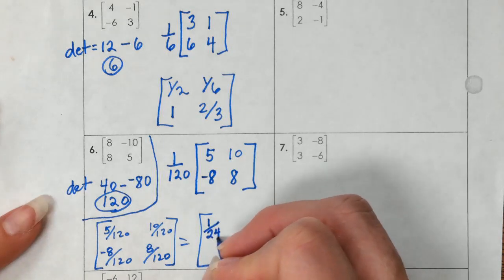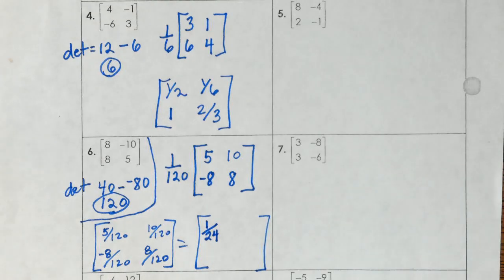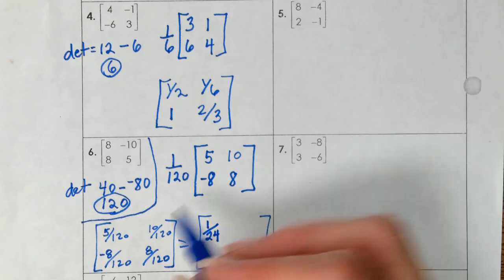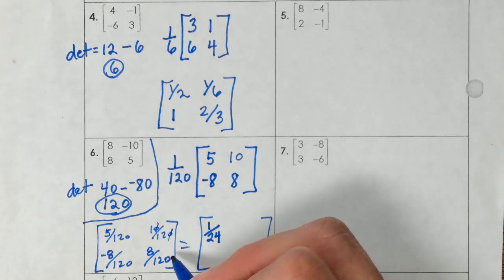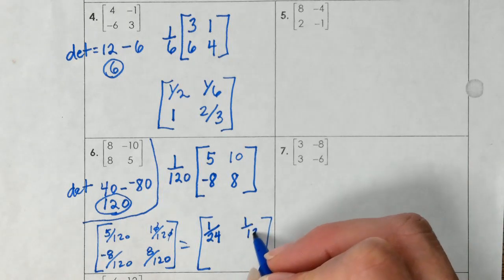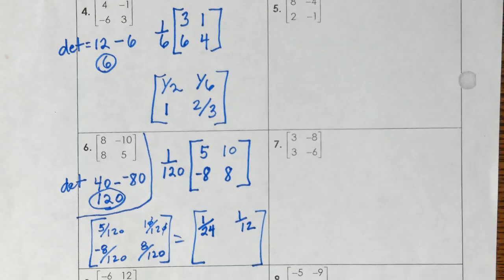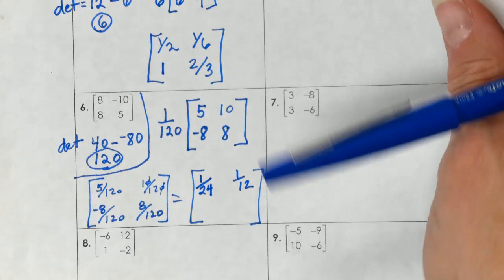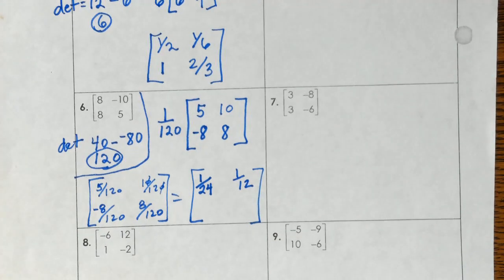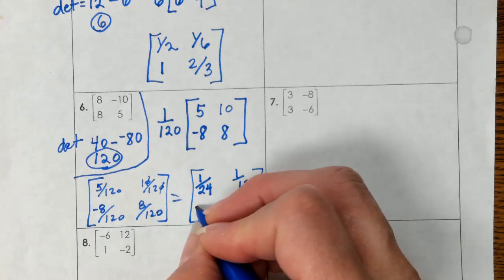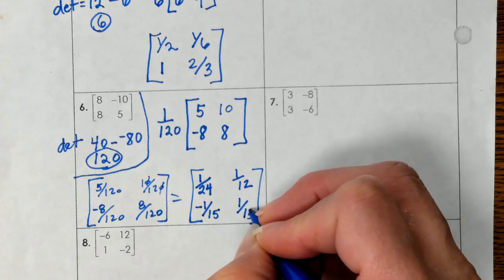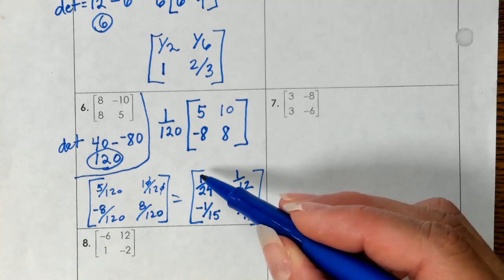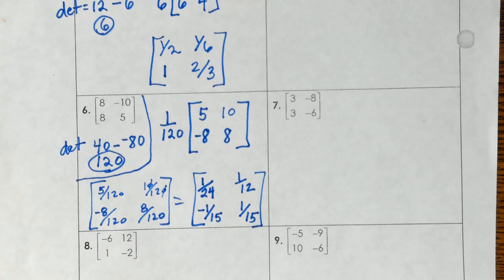I believe it's 24 times, isn't it? Okay, good. And then notice there's a 0 and a 0. We can cancel the zeros out right here. And so it's going to be 1/12 on that one. And I believe 8 also goes into 120 15 times. Good. So this is going to be a negative 1 over 15, and this one's going to be a positive 1 over 15. And this is the final answer for the inverse of this problem.